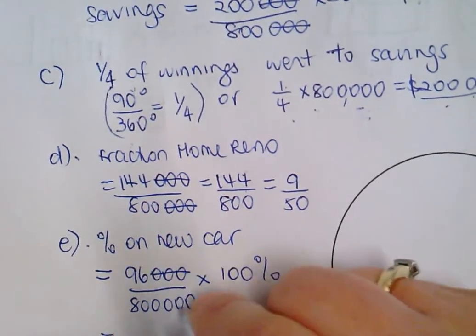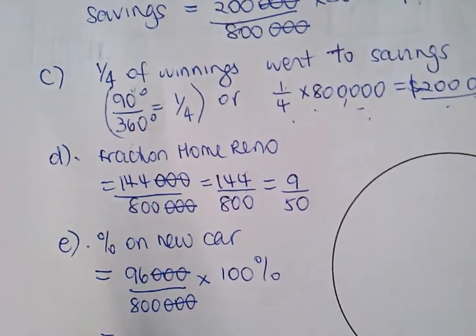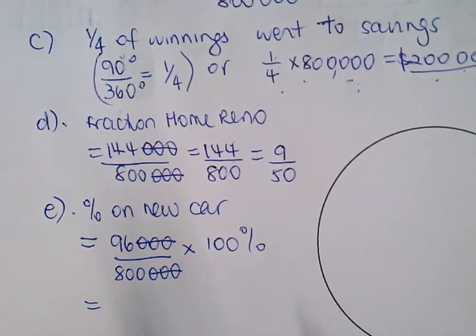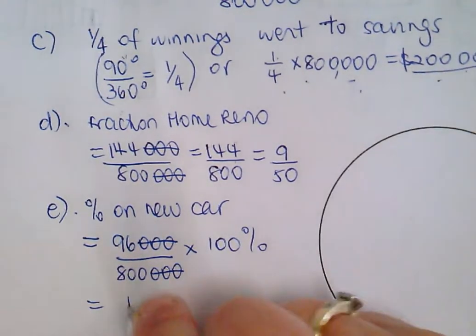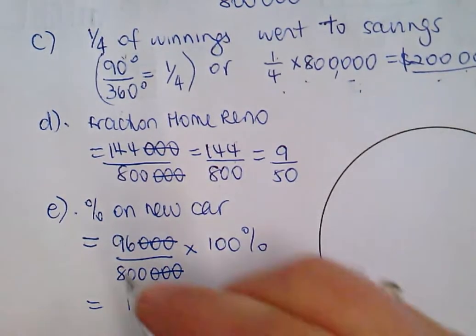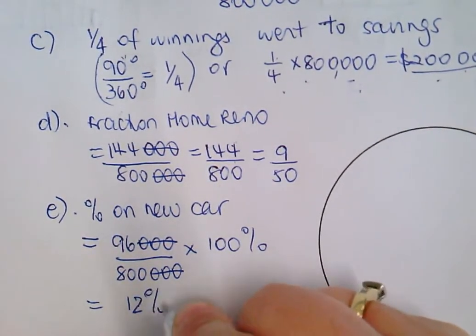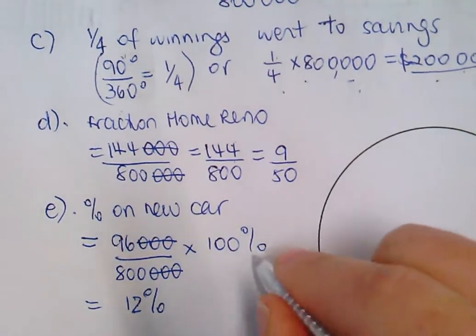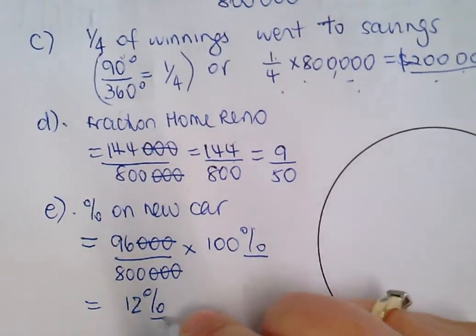Now, I would cross off the 3 zeros from the numerator and the denominator so that you don't have an input error. So just do 96 over 800 times 100%. So just looking there, 80 out of 800 would have been 10%. So as long as the answer is a bit bigger than that, we get 12%.